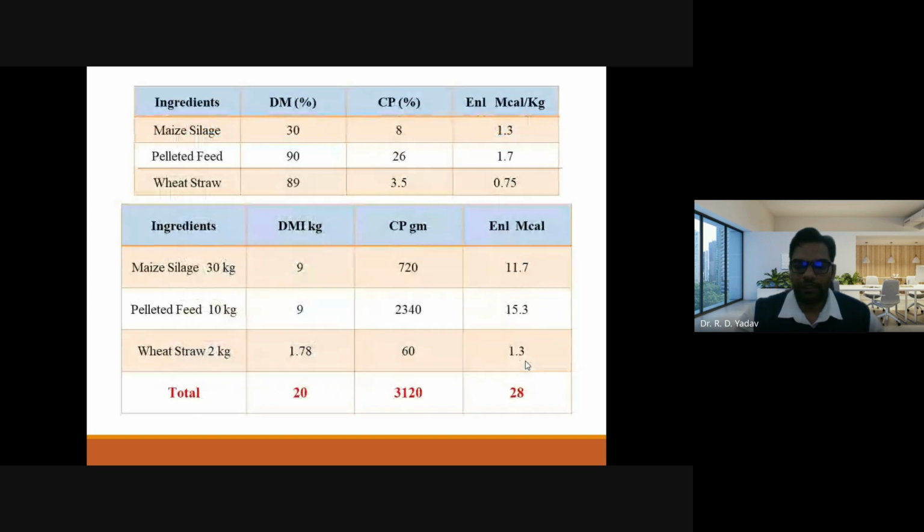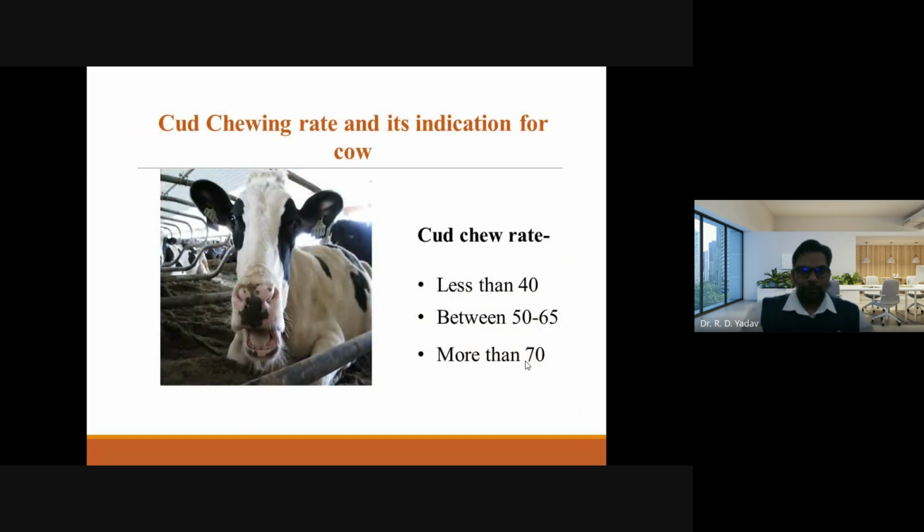So, what are the indications? If a cow given a balanced ration is showing good physiological conditions, it indicates that it is receiving a good ration. For example, curd rate.